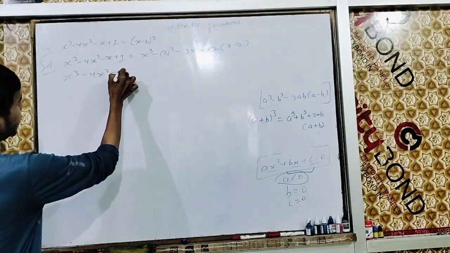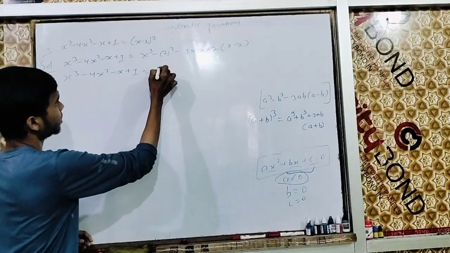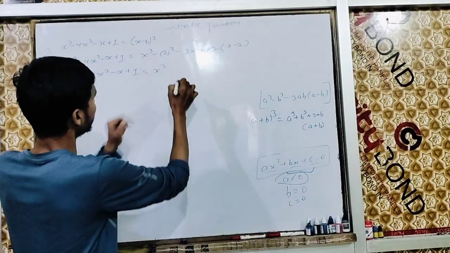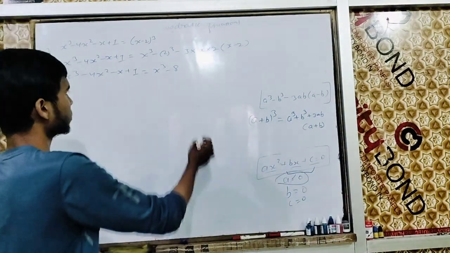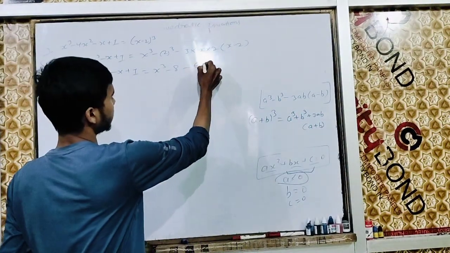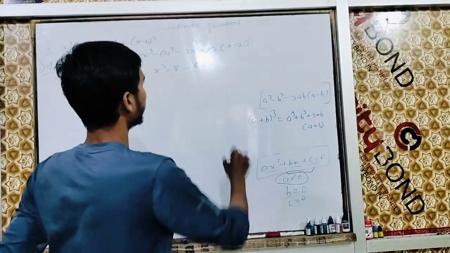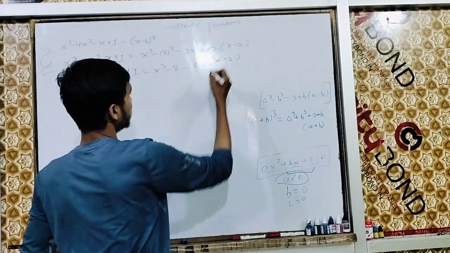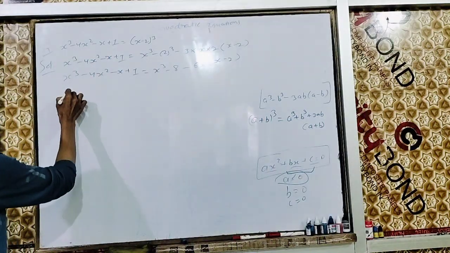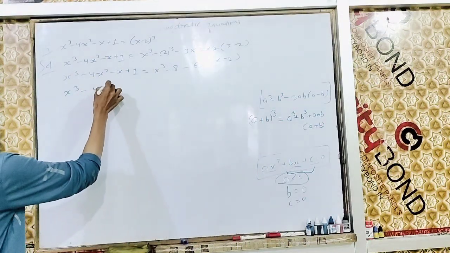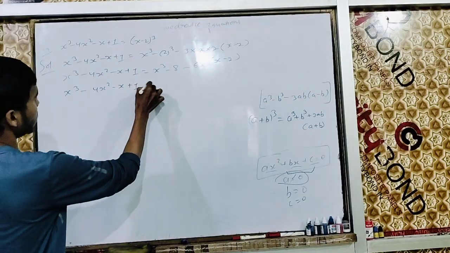So here you can see what is happening. This will be as it is. Here x raised to power 3, then 2 cubed becomes 8, then here minus 3 times 6, and x as it is, here we have x minus 2. It can be simplified further: x cube, then 4x square, then minus x plus 1.